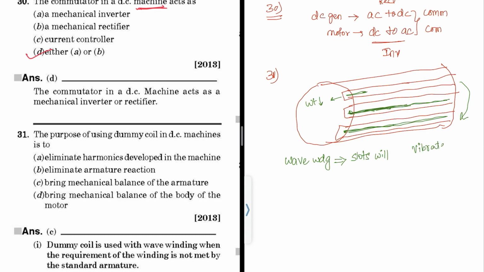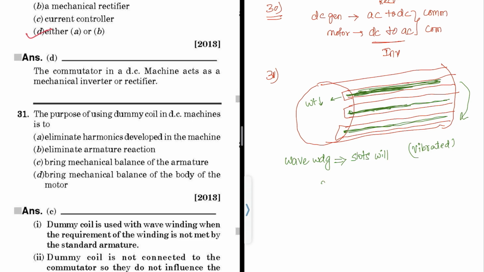So what we will do, we will place a dummy coil so that the uniformity will be maintained and the machine will rotate smoothly. So the purpose of dummy coil is to provide the mechanical balance. So the answer will be C.